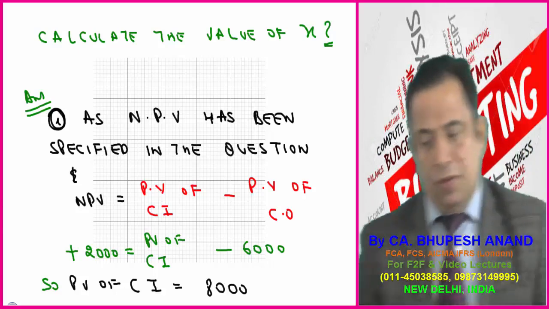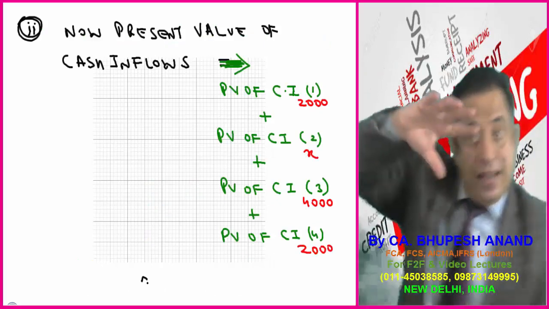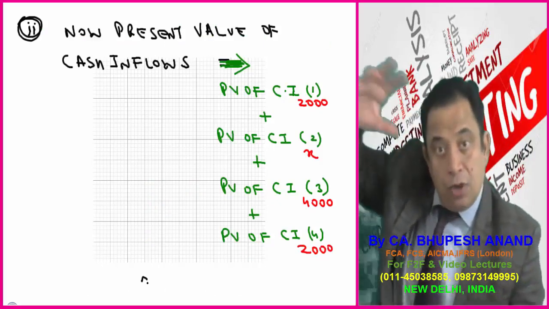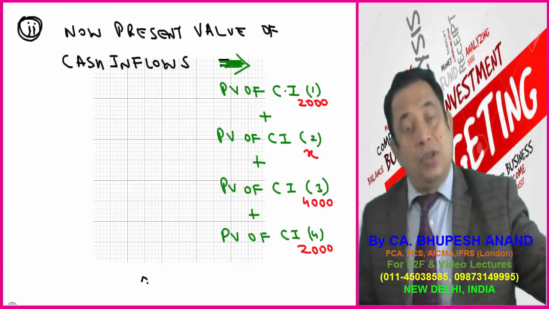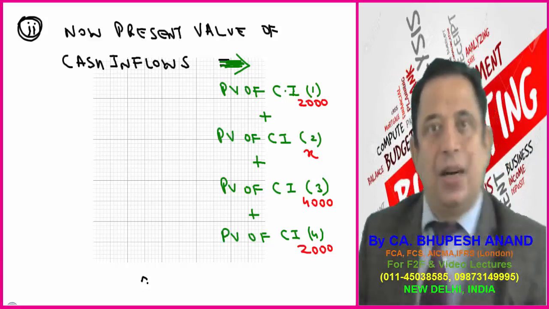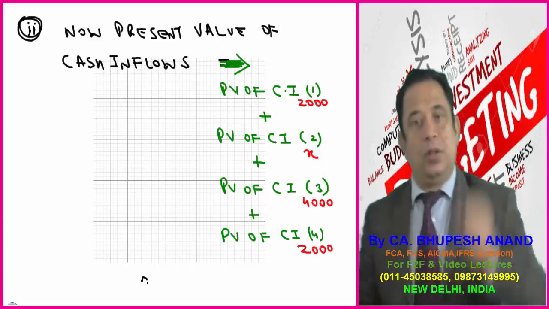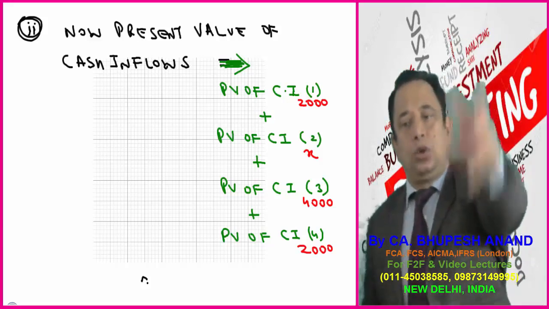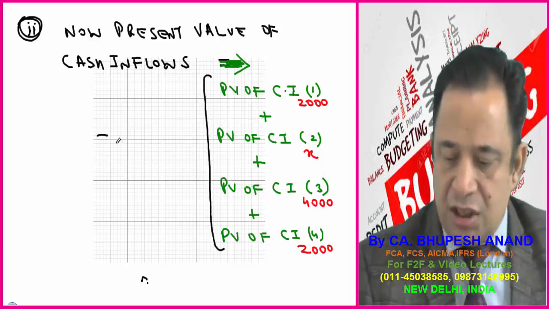So present value of inflows is equal to 8,000, because outflow is 6,000 and NPV is 2,000, it means cash inflow is 8,000. So present value of cash inflow is 8,000. Now that 8,000 is the sum total of all these.